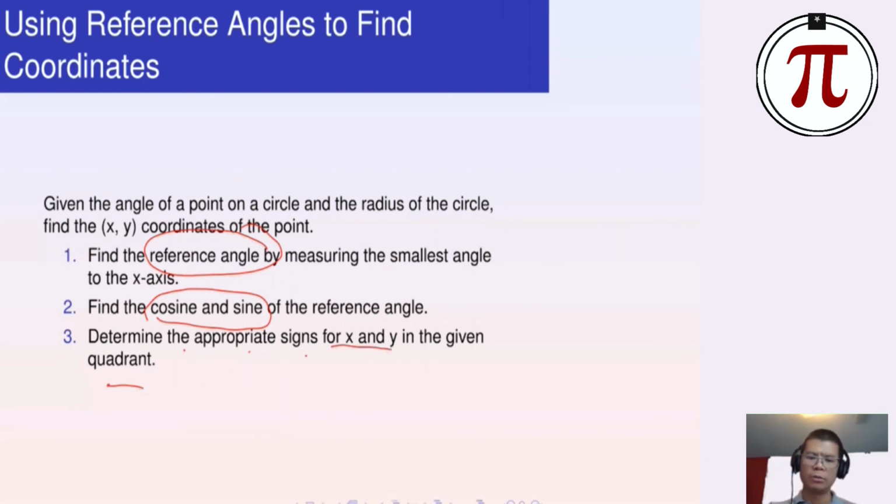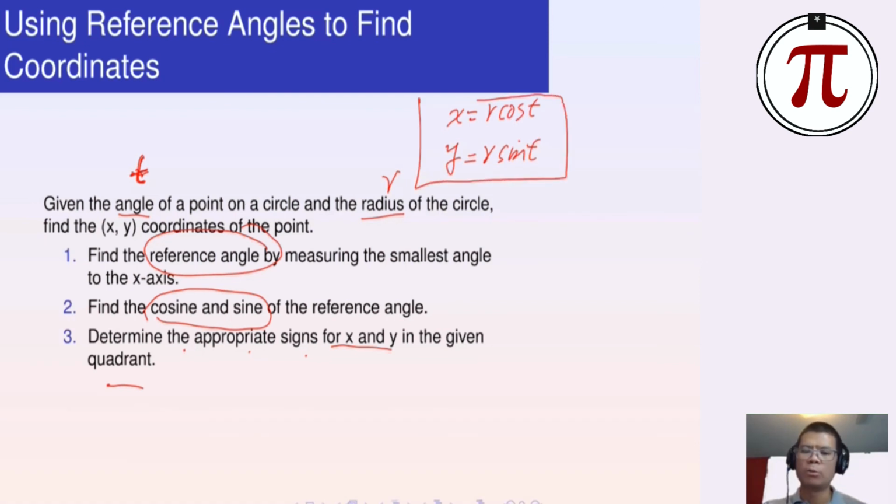So here, I want to say that the radius is r, then this angle is t. Then in this case, my x is going to be r cosine t, and y equals r sine of t.